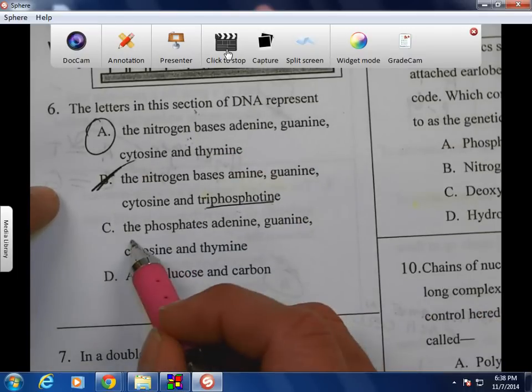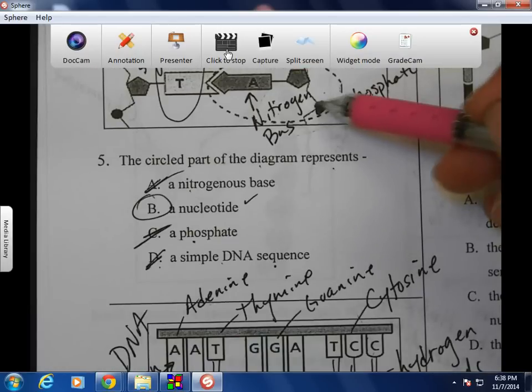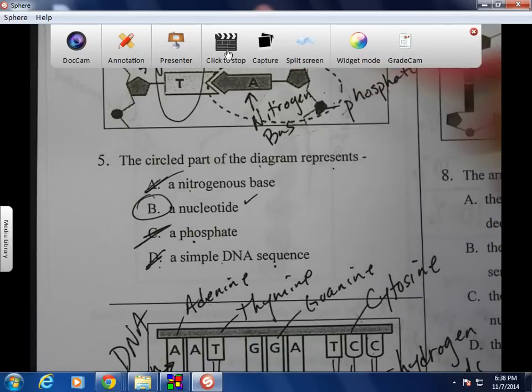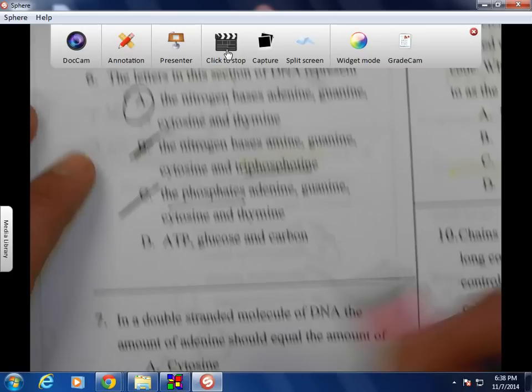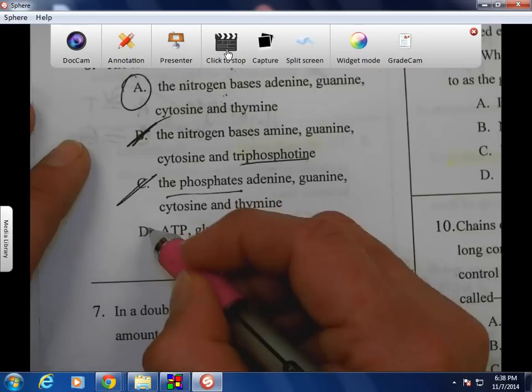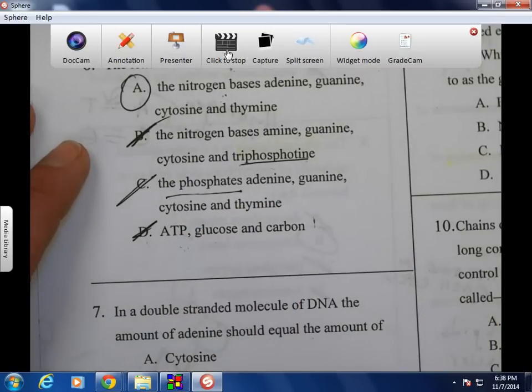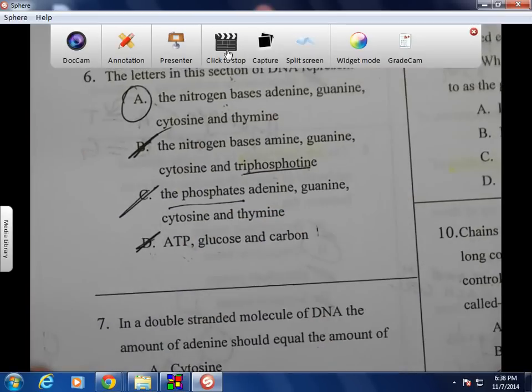The phosphates, well, these aren't phosphates. Those are the circles represented by the circles on the DNA. And D, ATP, glucose and carbon. ATP was with photosynthesis and cellular respiration, so that's incorrect. So A is the correct answer.